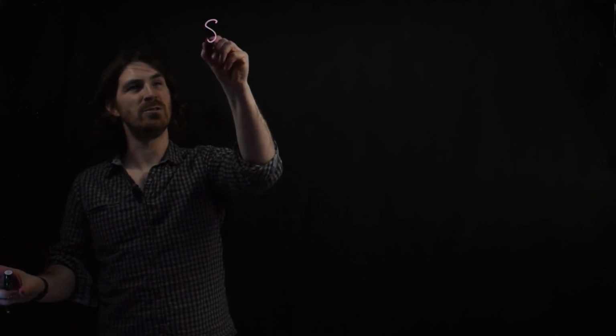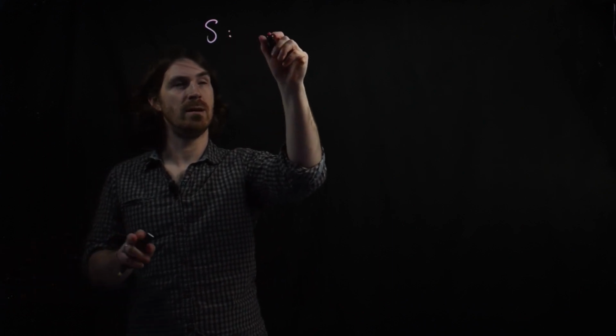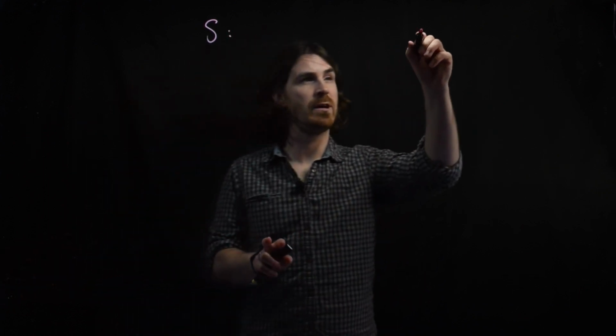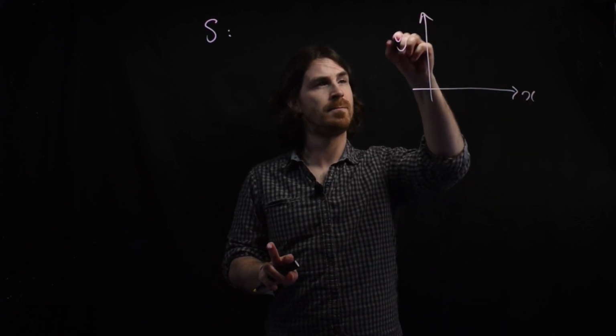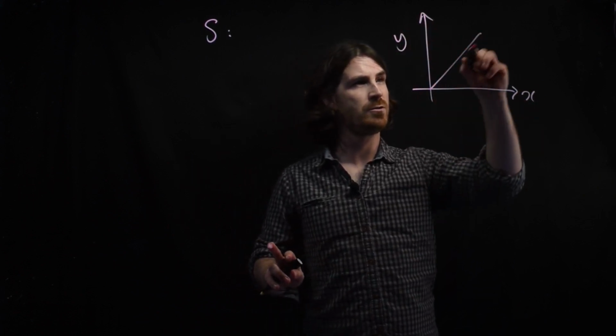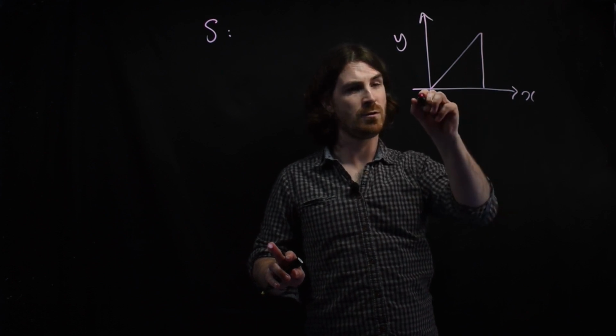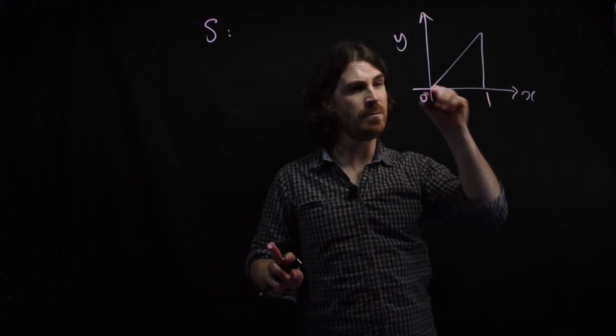So now for an example where our region is not a rectangle, let's think about the region S defined by, okay, so it's going to be a triangle. This is X, this is Y. And we're going to think about the triangle that goes from X equals 0 to X equals 1.